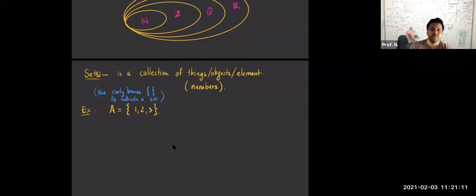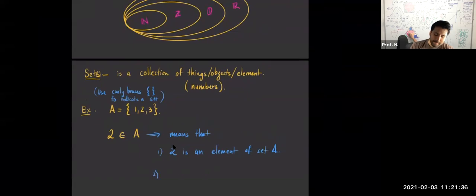Now, let's say I want to say 2 belongs to A. How do I say that mathematically? We use this symbol. 2 is an element of A. So what this means is that 2 is an element of set A, or 2 belongs to set A. So the key phrase here is "is an element of" or "belongs to."